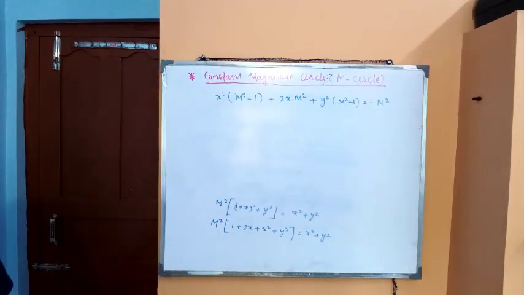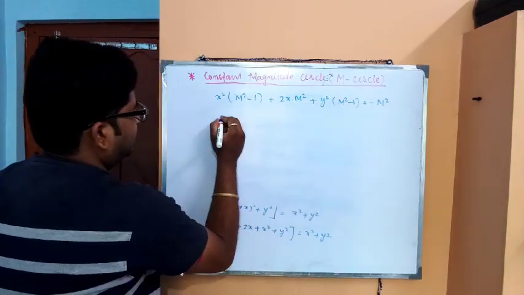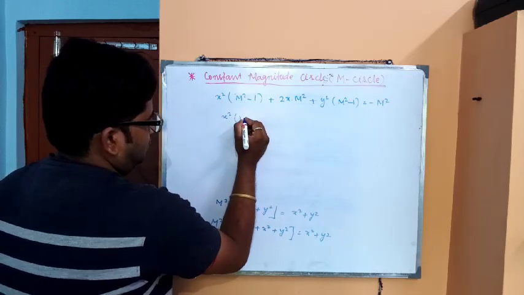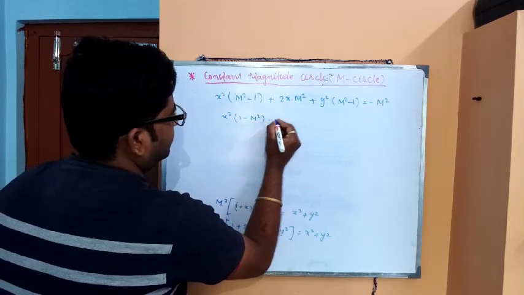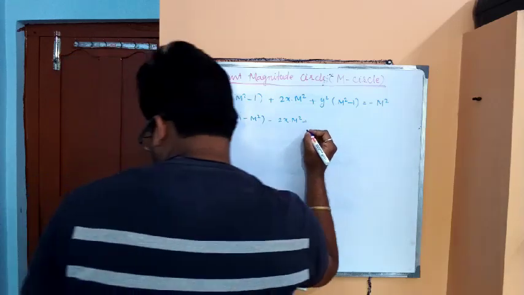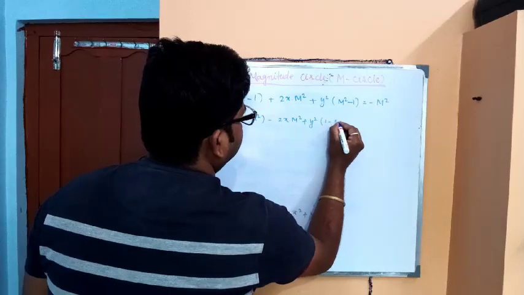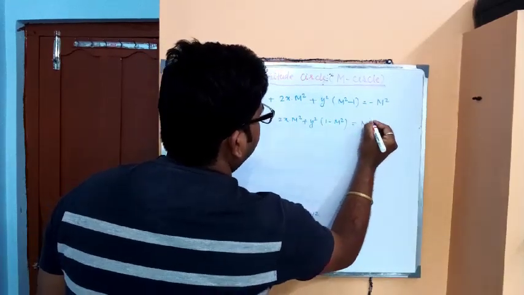So we got this type of expression. Now just interchange the minus sign. If we eliminate this minus sign, then this equation becomes x square into 1 minus M square minus 2x into M square plus y square into 1 minus M square is equal to M square.